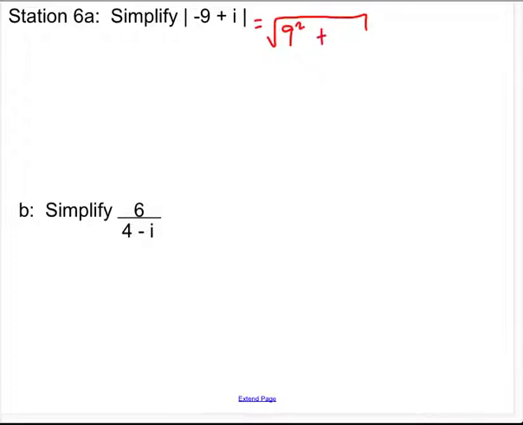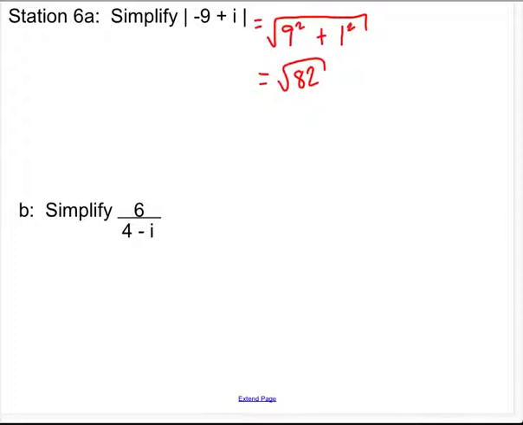Plus, and then what you do for the second piece is you just take the coefficient of your i term, because once you square the i, it becomes -1. So it's 1 squared. 9 squared is 81. 81 plus 1 is 82. And there are no perfect square factors of 82, so that's as simplified as it gets.